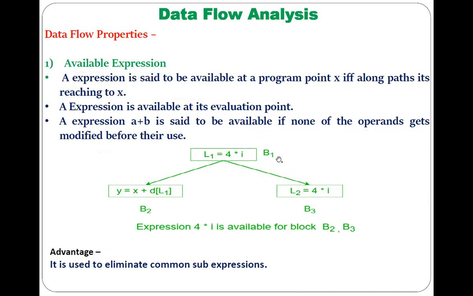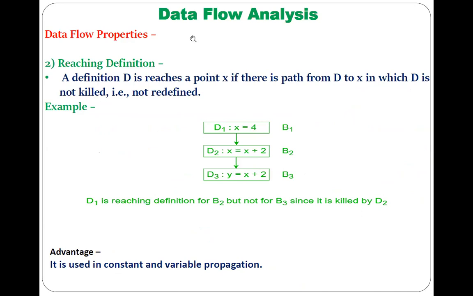Okay. Then the next important point here we have is the reaching definition. Next property, reaching definition. First, theoretically, you need to understand what is exactly the concept of reaching definition.